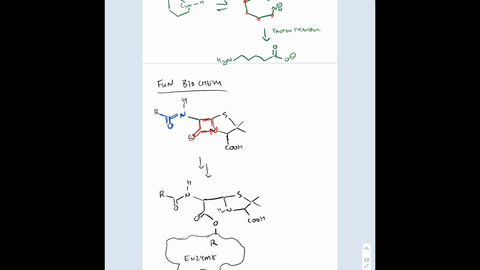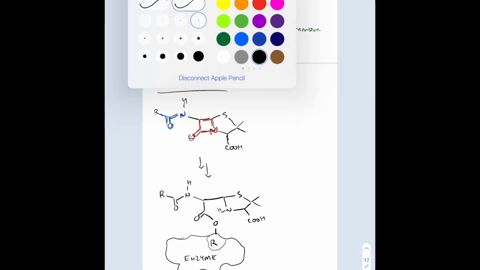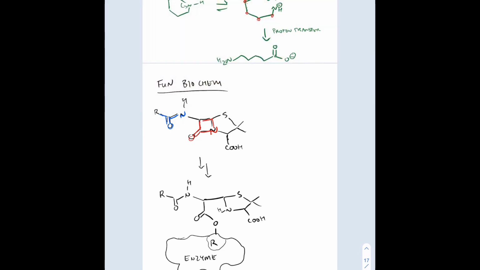And so ultimately we've inactivated this enzyme and we are destroying the bacteria. And that's pretty much how antibiotics work. That's very simply put, but that's the chemistry of it. The reactive strained ring in the antibiotic, the beta lactam, is the source of that reactivity and is the reason why we can shut that down.